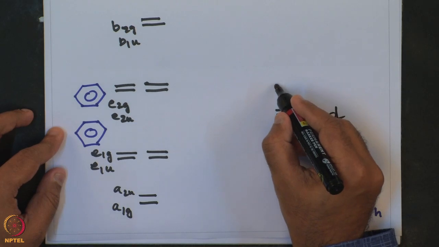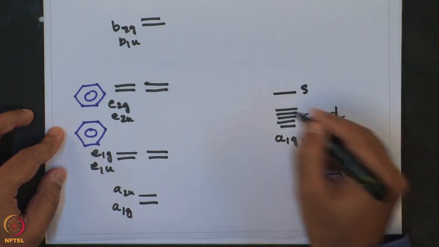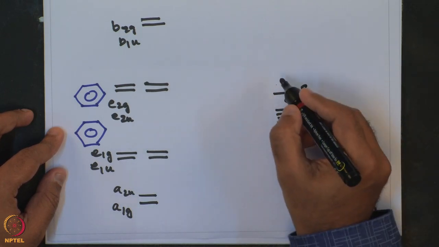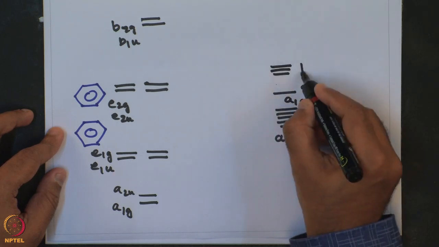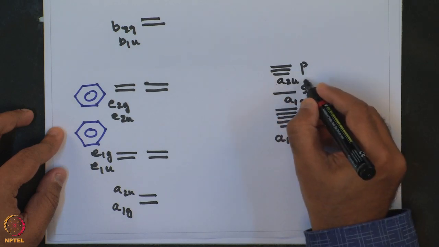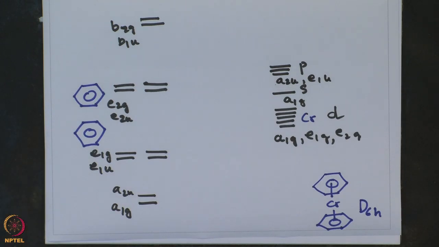Then there is one s orbital which is A1g, and then there are 3 p orbitals, and these are A2u and E1u symmetry. Now, let us see how these orbitals interact with each other.